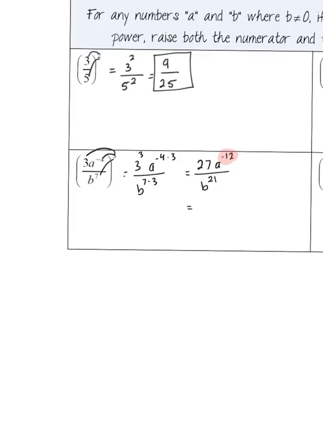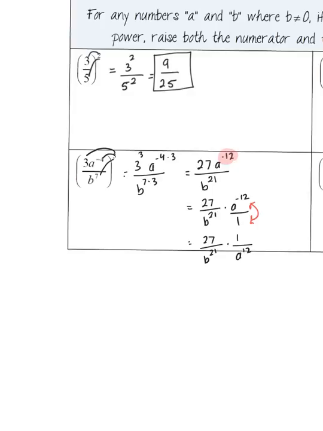So let's rewrite this fraction as 27 over b to the 21st times a to the negative 12 over 1. So all I've done is just broken my fraction into 2 separate pieces. What I'm going to do is flip this second piece of the fraction. So this is going to be 27 over b to the 21 times 1 over a to the positive 12.